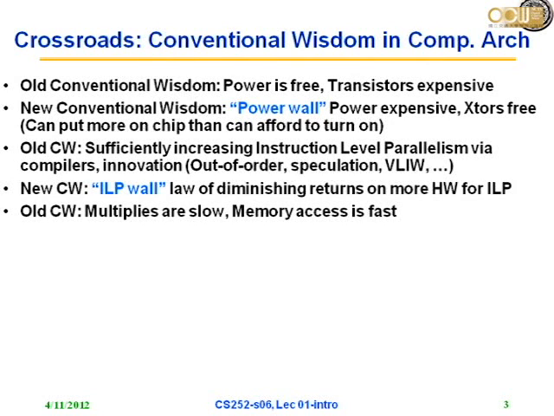Old conventional wisdom says multiplies are slow, memory access is fast. Like 30 years ago, 40 years ago, memory is faster than the CPU. Why is that? Somebody tell me why. How come memory can be faster than CPU?